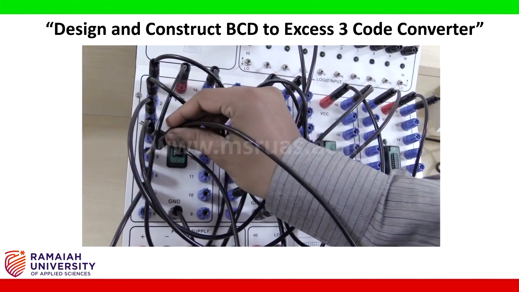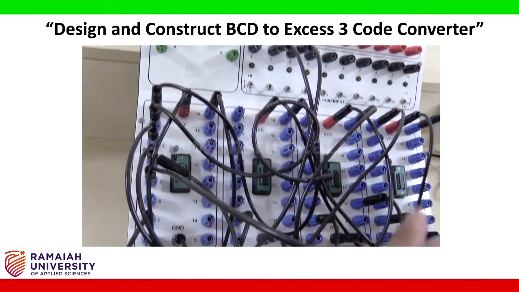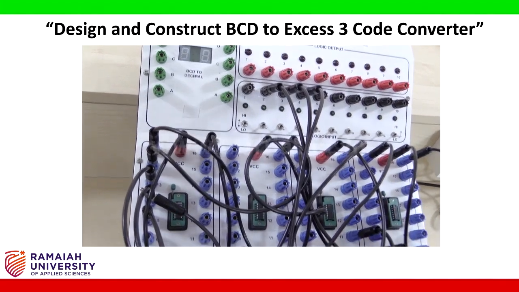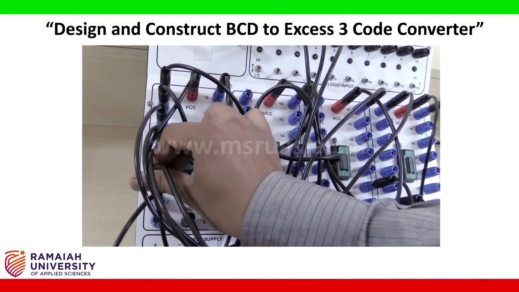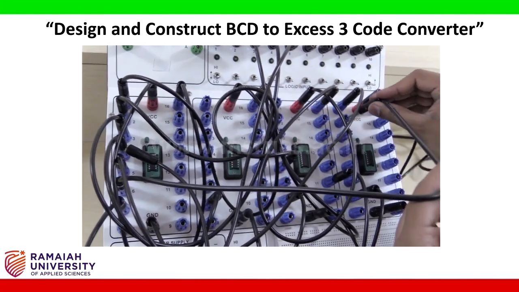Then pin number 5 of the NOT gate is connected to the other input D. Pin number 6 of the NOT gate is connected to pin number 2 of the 3 input AND gate here.